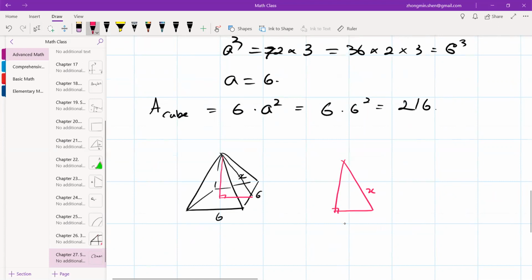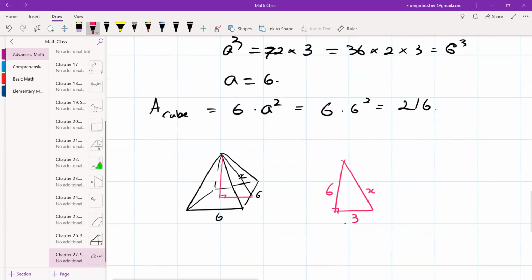So here's the x. This is going to be 3. Why 3? Because that's the middle point, the center of the square, so the distance is 3. The height here is still 6, because this is a pyramid coming from the cube.